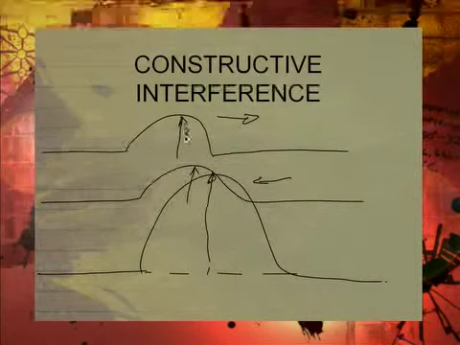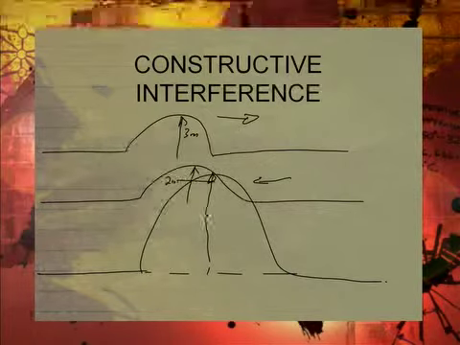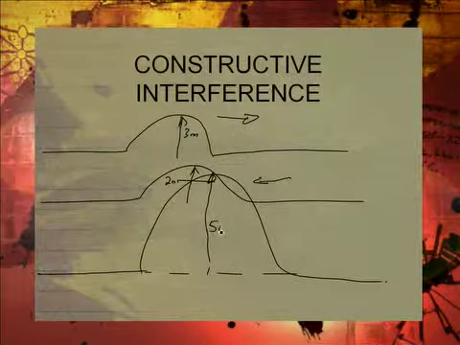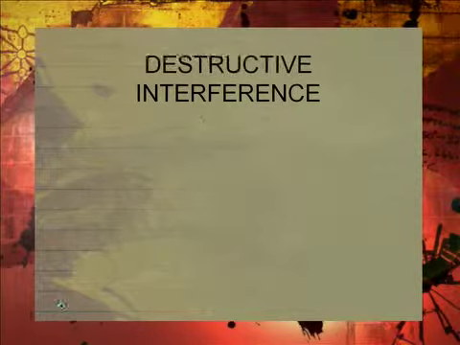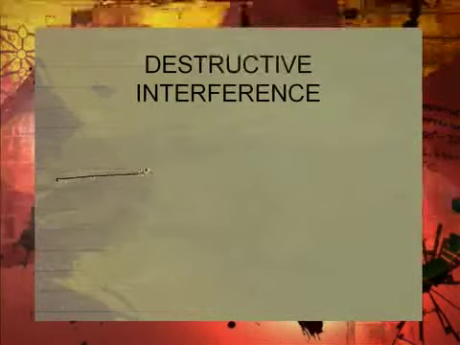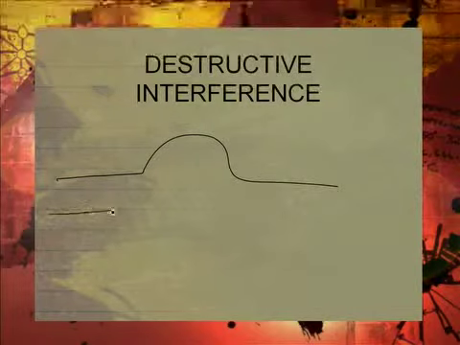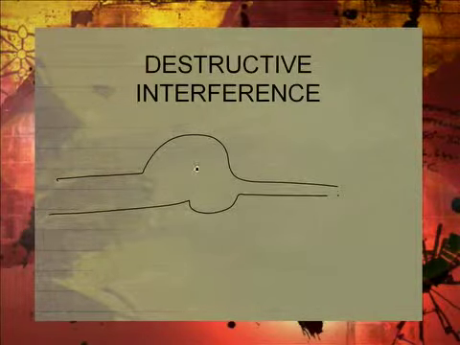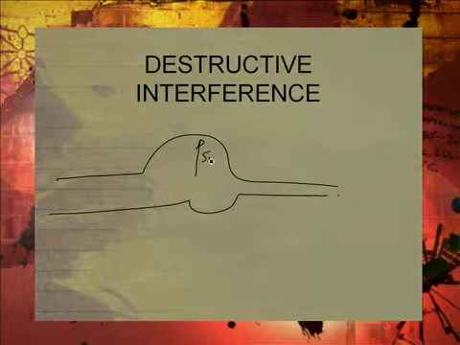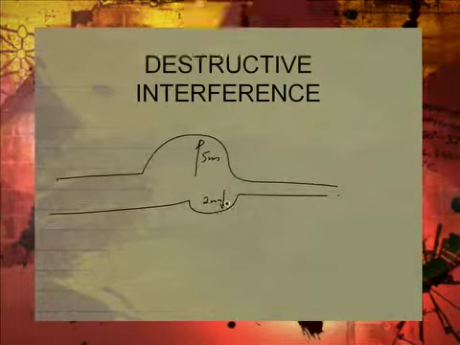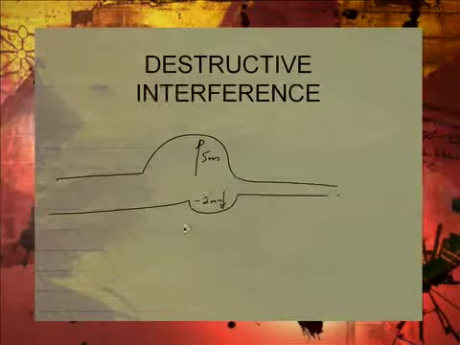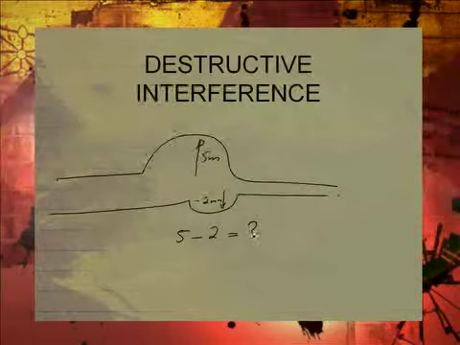If this one was 3 meters and this one was 2 meters, the resulting one will be 5 meters. And then with destructive interference, you've got this. This one say was 5 meters, this one is 2 meters, so this is a minus, that's a plus, so the resulting will be 5 minus 2, that will be 3 meters.